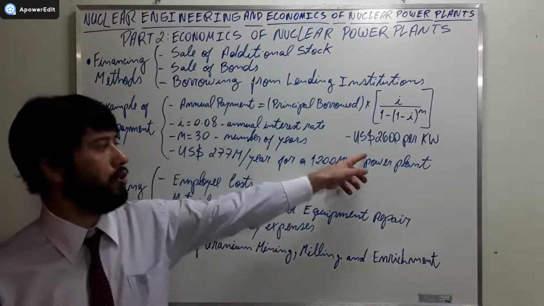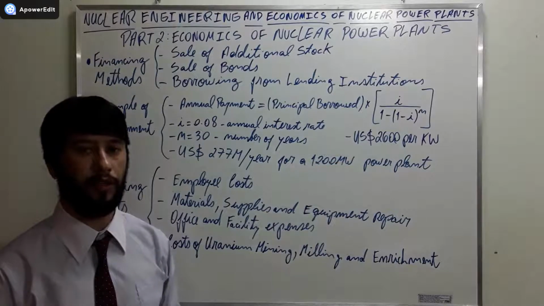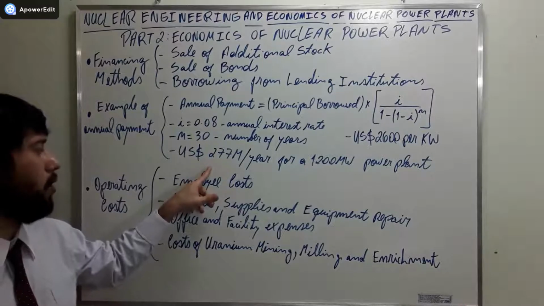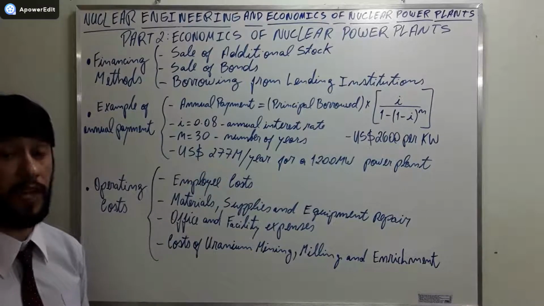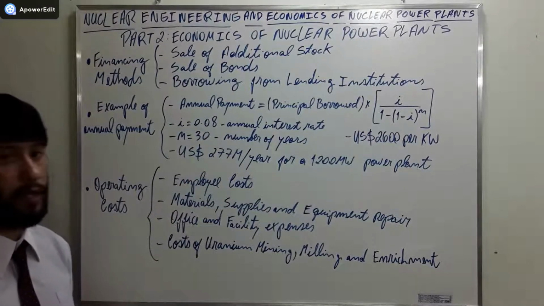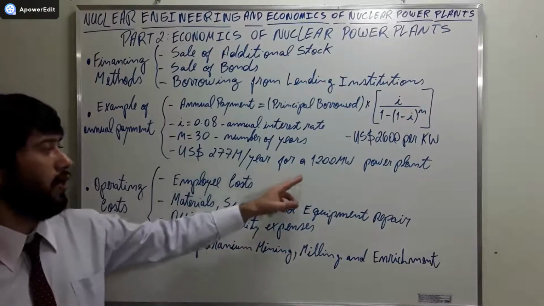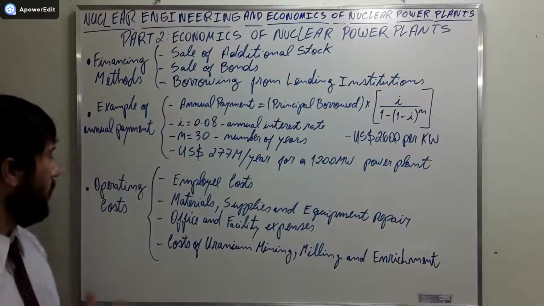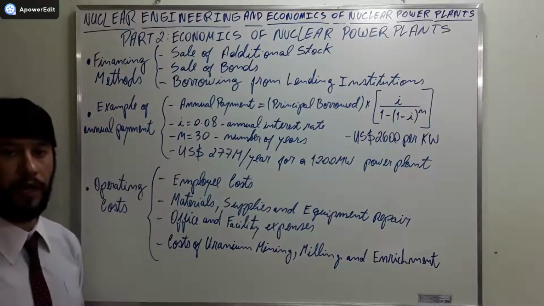Based on $2,600 per kilowatt, the amortization costs amounted to 277 million American dollars per year for a 1200 megawatts power plant. Now let's consider the operating costs.